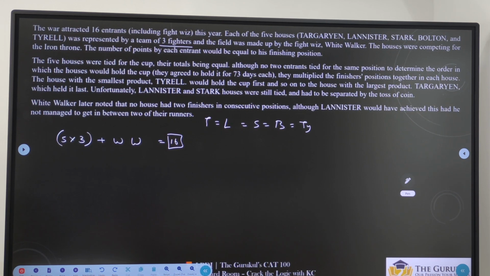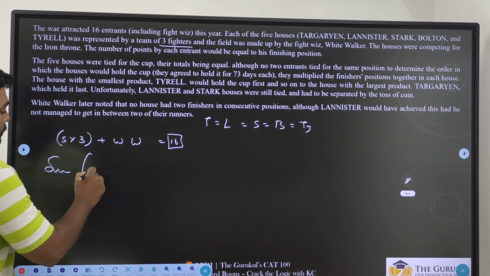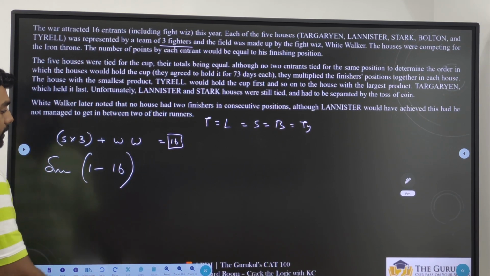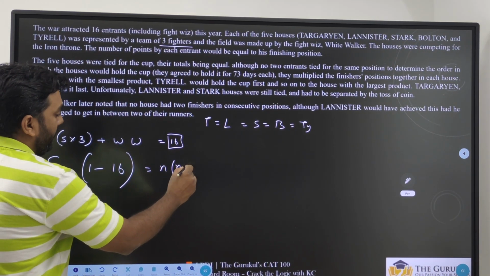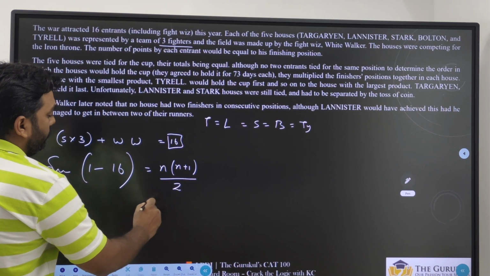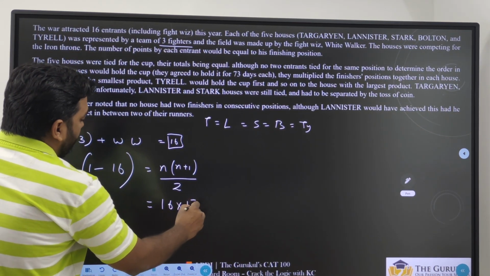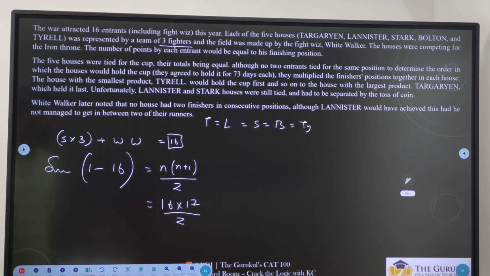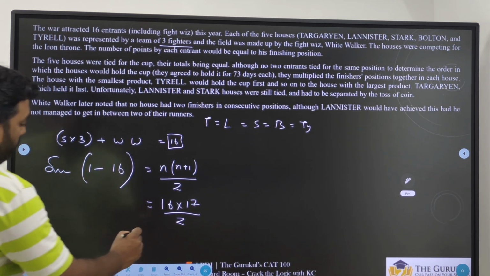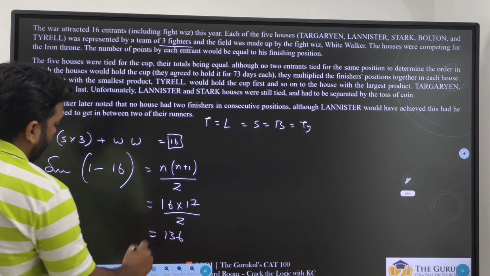Now also given all the values are different, and sum of all the ranks of all these people should be equal to sum of 1 to 16 numbers, which can be given as n into n plus 1 by 2. That will be equal to 16 into 17 by 2. That should be the total of the numbers of all the teams together, which will be equal to 136.